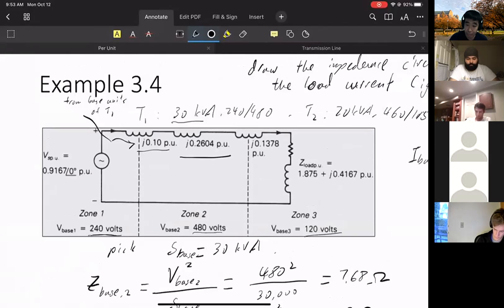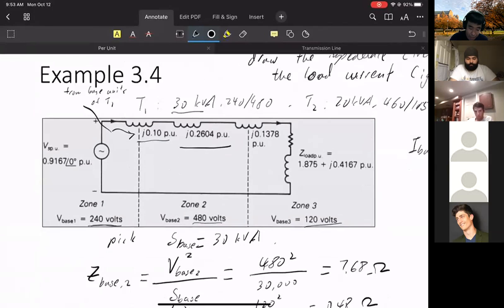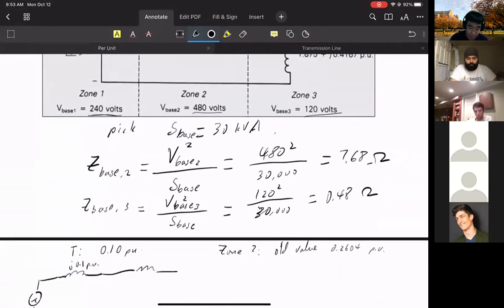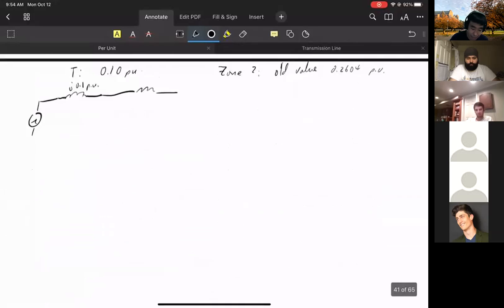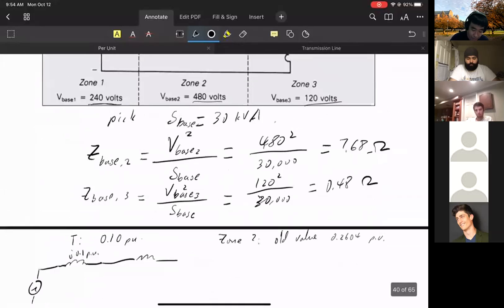Wait, sorry, I think I read this example wrong. I think we have to redo the example. I think I read the values in the problem wrong for this question. This is my fault.